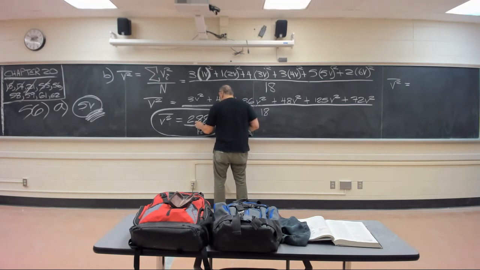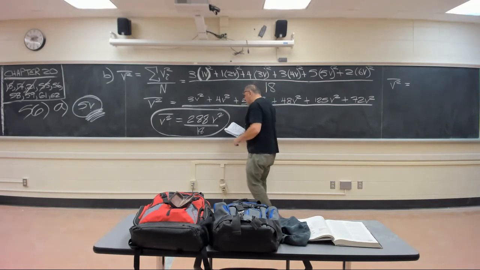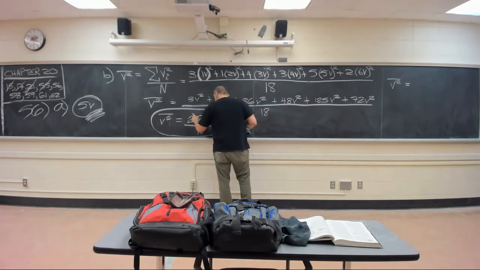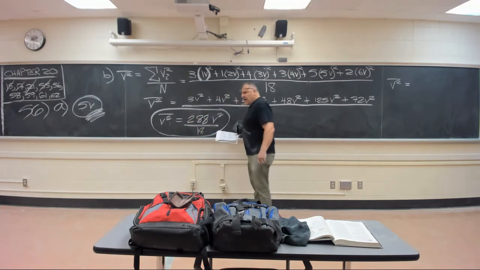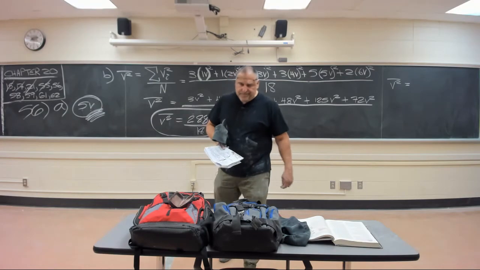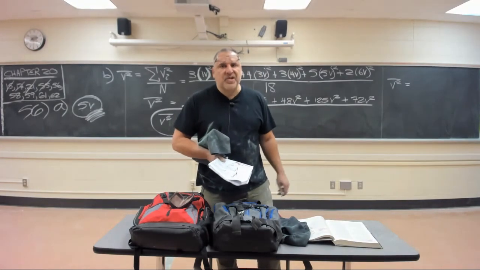This 288 is 2 times 144. This is 2 times 9. The 2's cancel and you got 144 over 9. If you tinker with it a bit, 9 goes into 144 16 times.